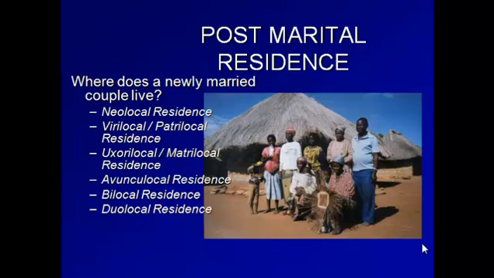Matrilocal or uxorilocal residence is where the husband is incorporated in the wife's family. And in fact, the incorporation doesn't run that deep typically in the societies that practice this.